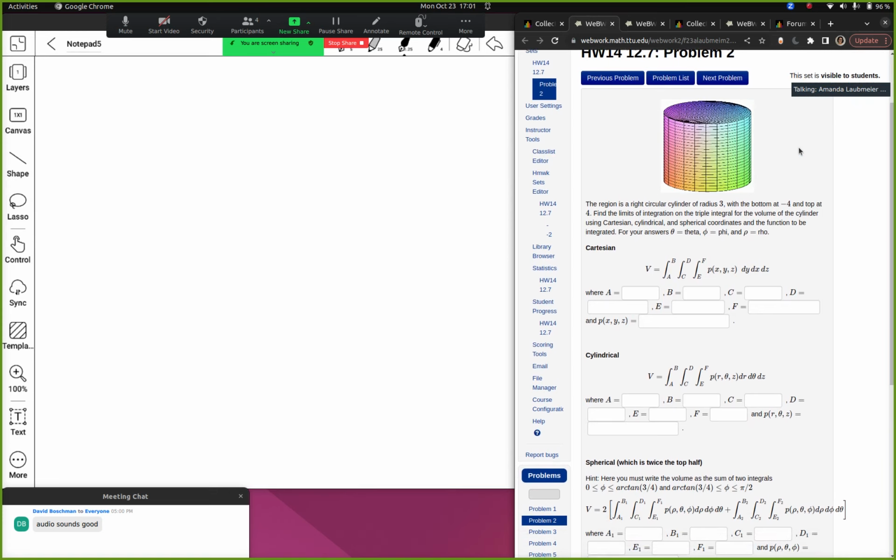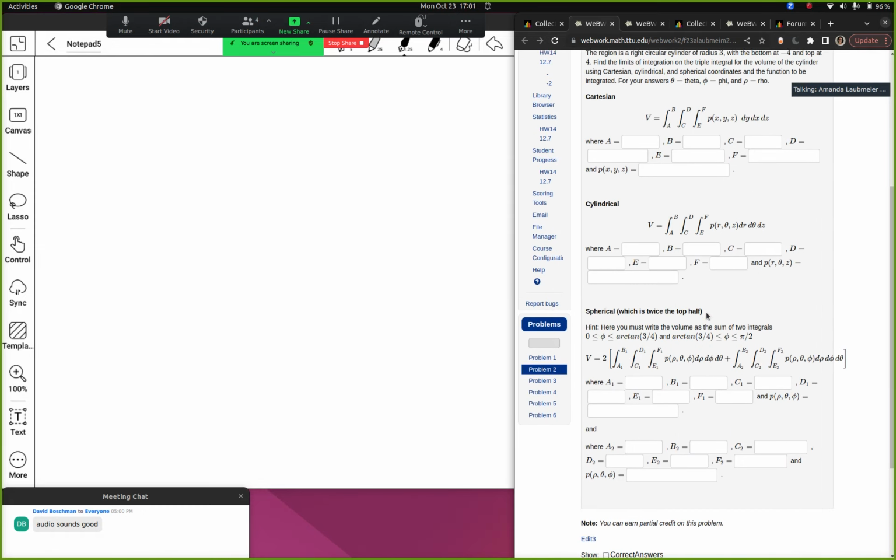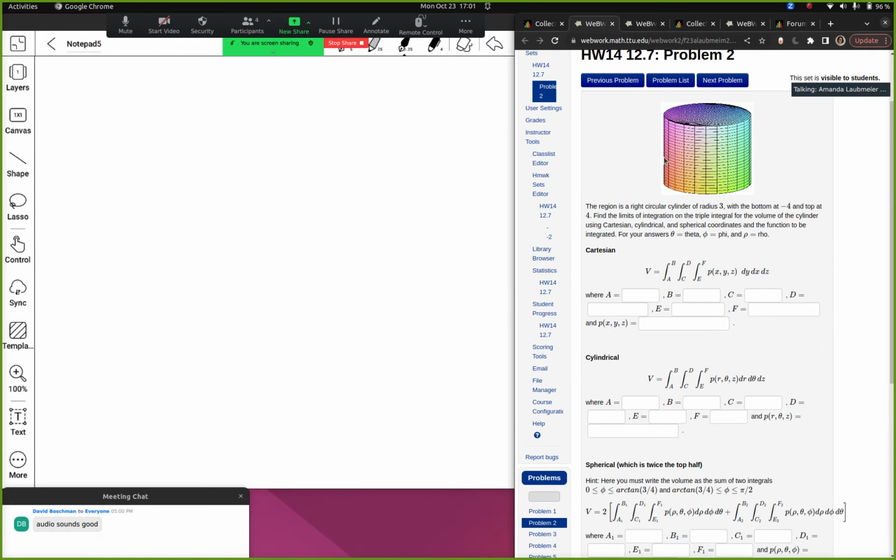So, problem 2 in section 12.7 is writing the 3 different types of coordinates for a cylinder. And I'm going to do it for the numbers in my web work right here. So I'm going to sketch it out real quick, even though there's a picture, just because it helps to see.